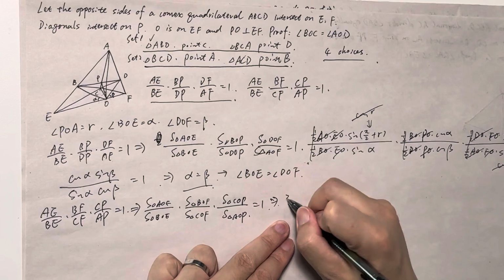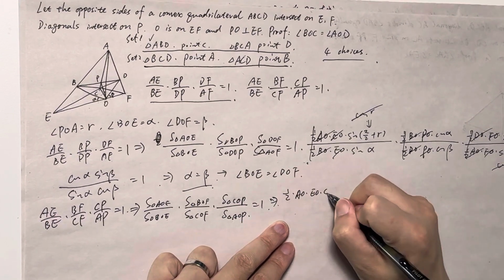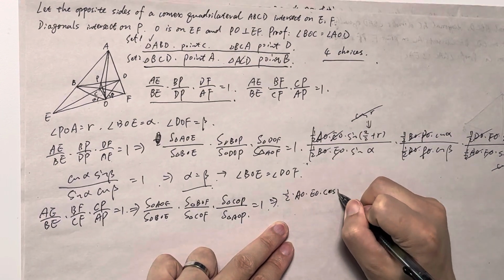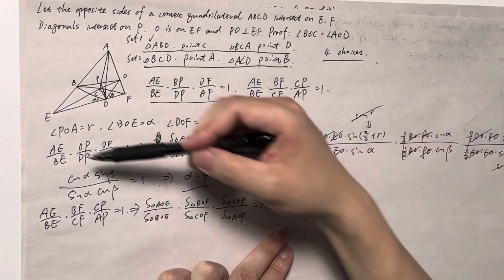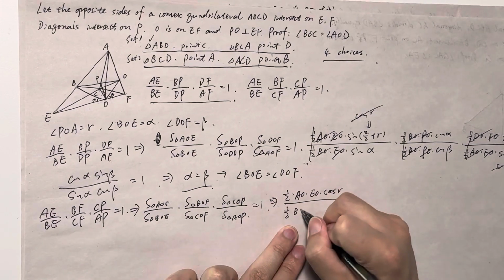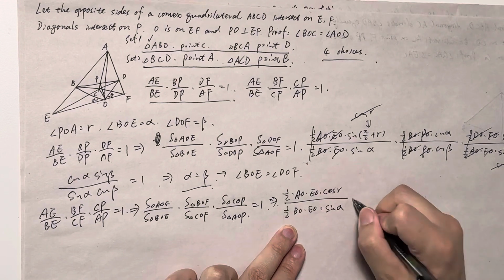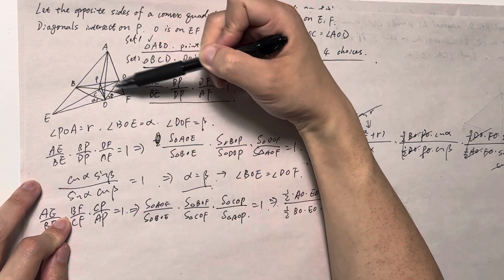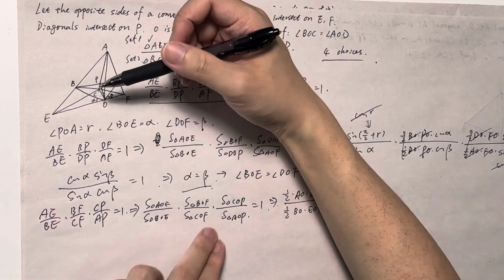So we got half of AO times EO times cosine gamma, divided by, this is the same, because it's AE to BE, half of BO times EO times sine alpha, and times BF to CF.